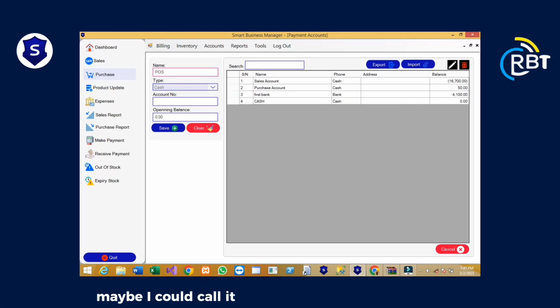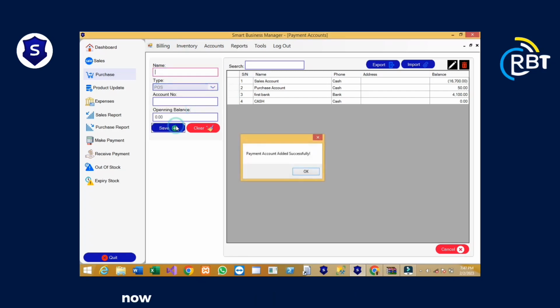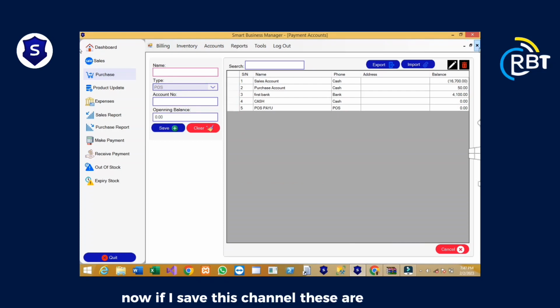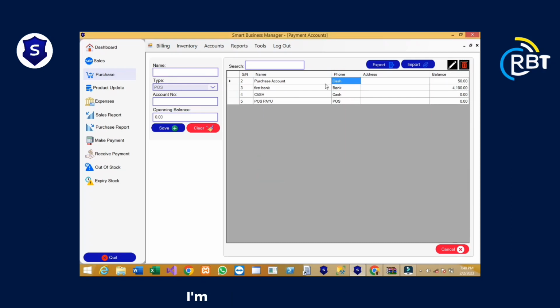Maybe I could call it whatever name I want, maybe PayU POS, right? And call it a POS account. Now if I save these accounts, you can see I have 3 accounts I'm using. I'm not going to use these 2. Of course I could delete these accounts, right?